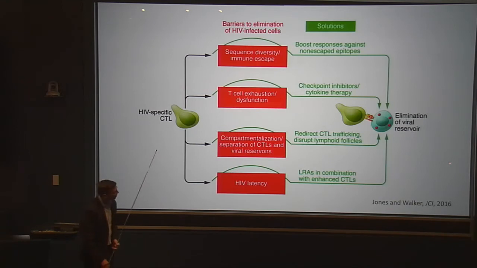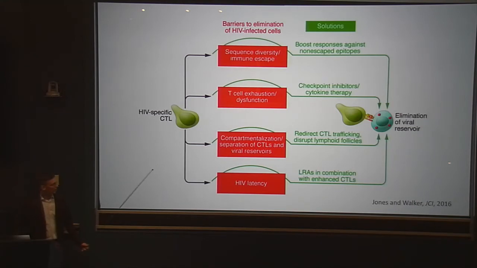One thing I didn't talk about is that the infected cells can compartmentalize themselves at anatomical sites that CD8 T cells don't go to very often, such as certain areas of lymph nodes called B cell follicles. Maybe we can redirect T cells into these sites. And finally, HIV can go into what we call a latent state, where it hides from the immune system, and we might have to wake it back up if we want to kill infected cells.